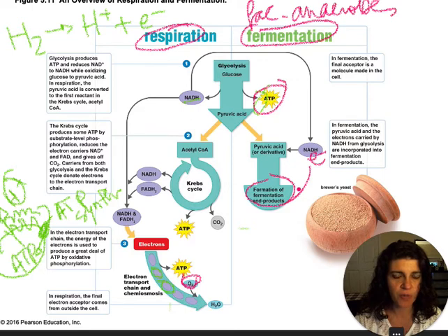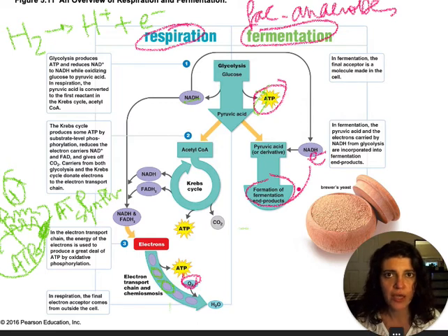You can form other types of acids or acidic substances and other types of alcohols. For example, butanediol is an alcohol that is formed during fermentation of some specific types of bacteria, okay?